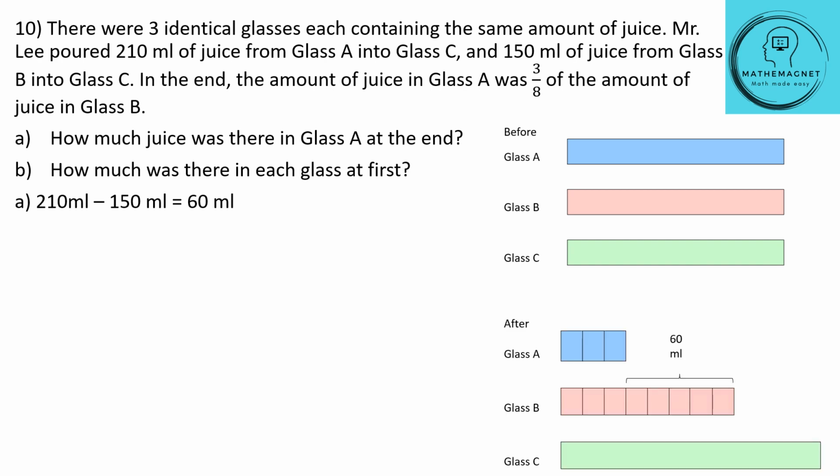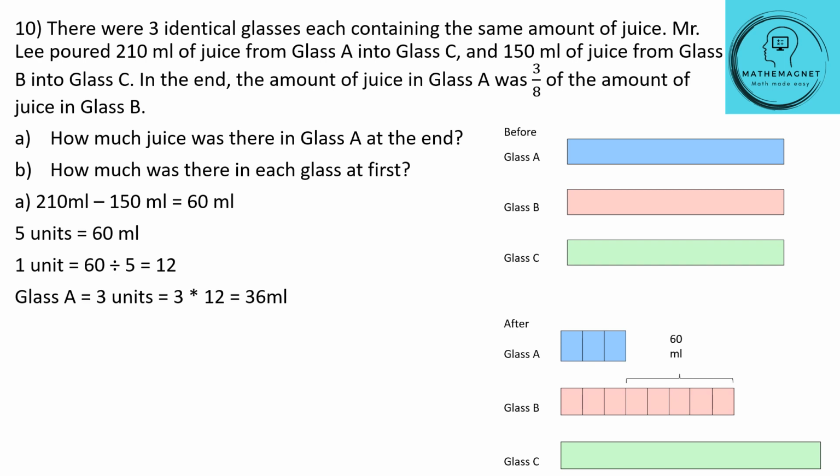So glass A has 3 units and glass B has 8 units, and we found out that 210 minus 150 ml, that is 60 ml less juice was taken out from glass B. That is why it has this many units more than glass A. So this 5 units is equal to 60 ml. So 1 unit is 60 divided by 5, which is equal to 12. So glass A has 3 units.